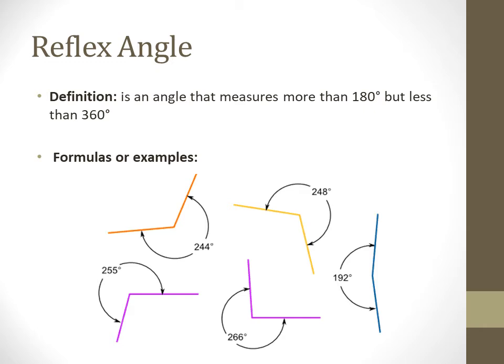But angles, again, like 255 degrees, 244 degrees, 248 degrees, 266 degrees, 192 degrees. All right? They're all reflex angles. More than 180 degrees, a straight line, but less than 360 degrees, a circle.